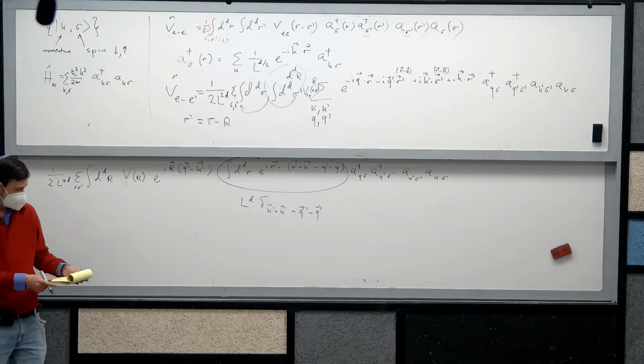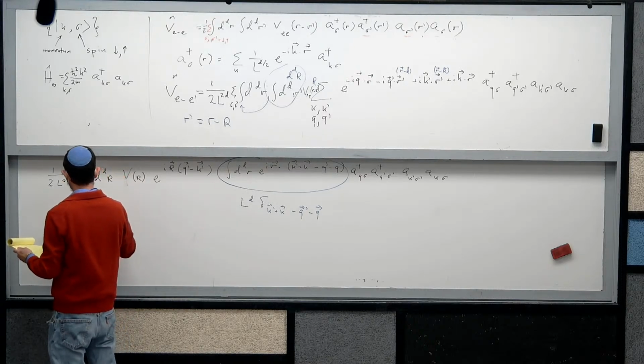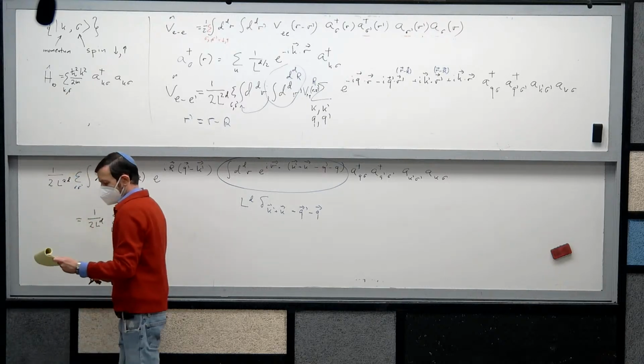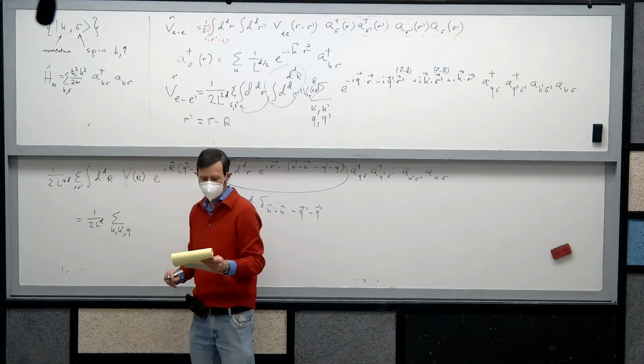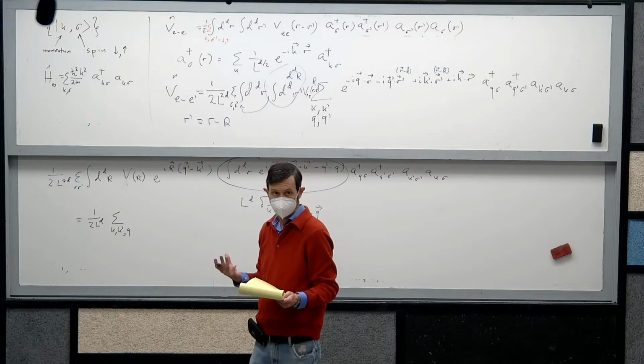So I can rewrite what's happening here as, now I have a sum only on three momentums.